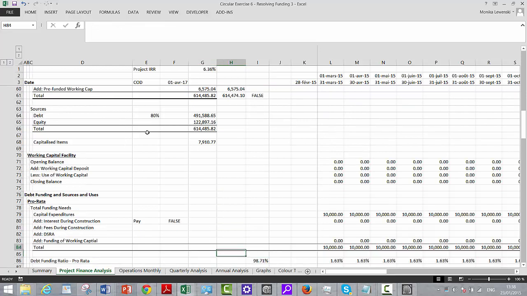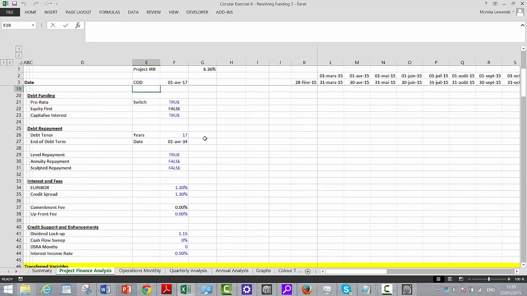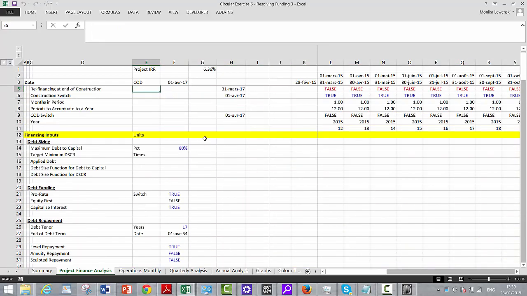Now, I think the real problem is simply that we have to take this number, and this number includes the IDC, so we need to subtract the capitalized items now. I hope this doesn't create a circular reference. It didn't so far. Shift Control R, and then we're back to our 100%.